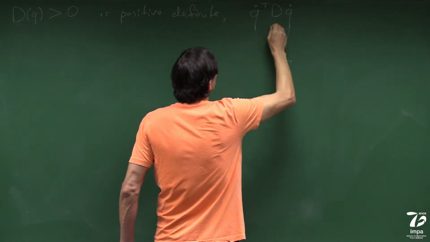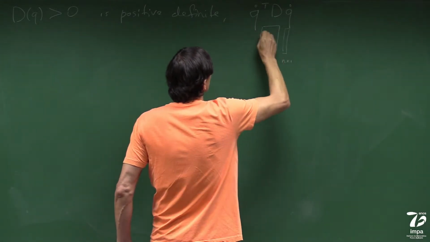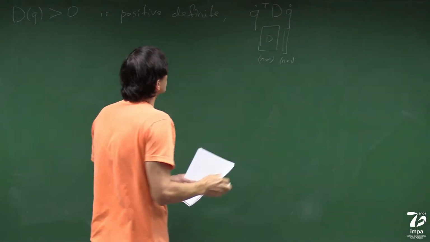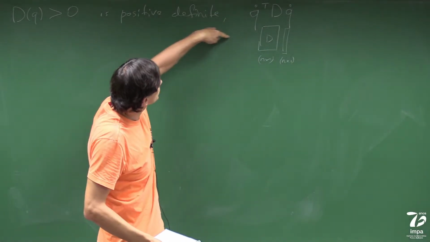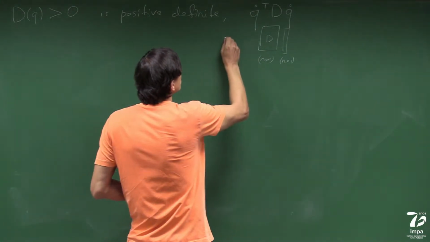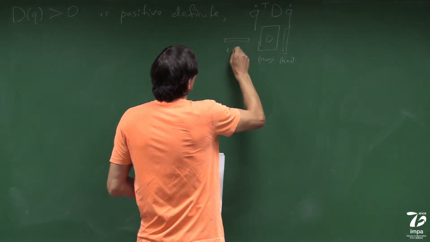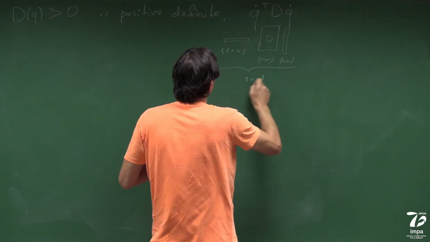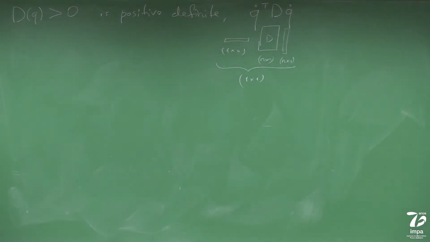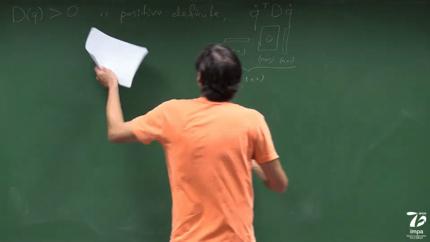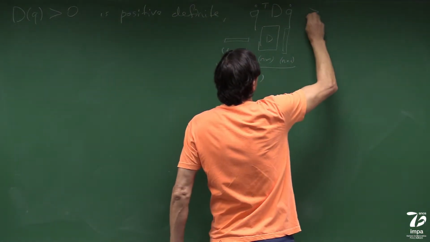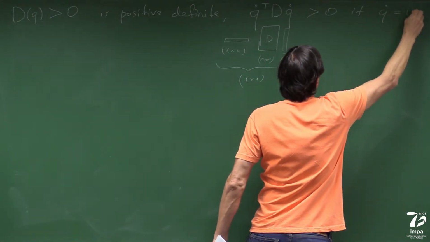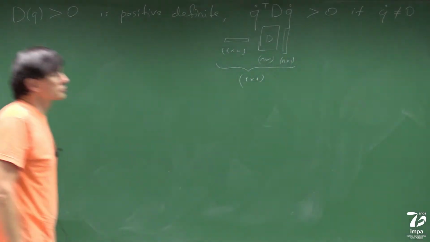N by 1, D is a matrix, N by N, and Q transposed is a vector, but it's horizontal, the row vector, 1 by N. So whenever you multiply all of them, it becomes just a number. Okay? So positive definiteness means that this is always positive, unless the velocity is 0.